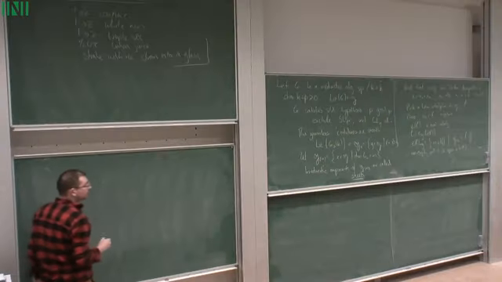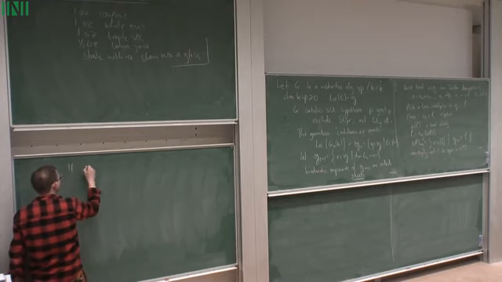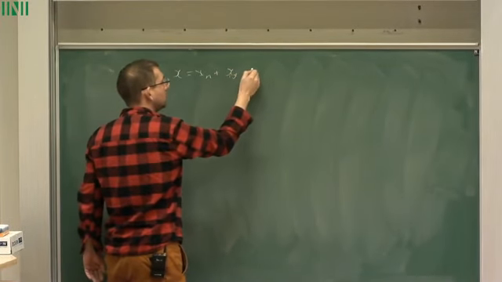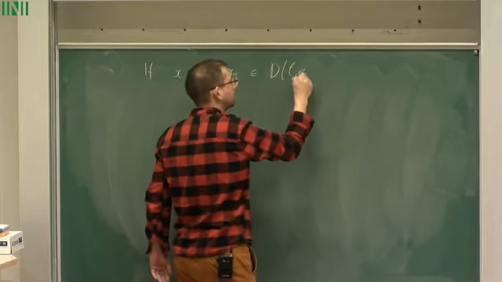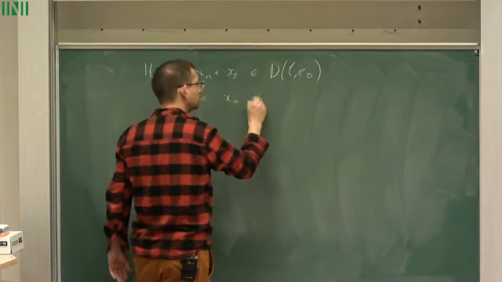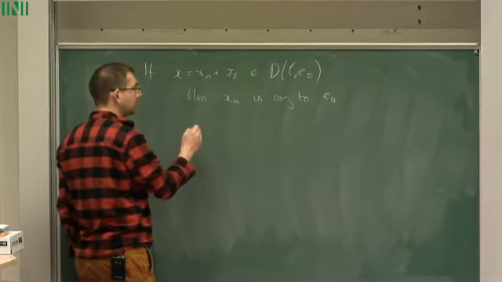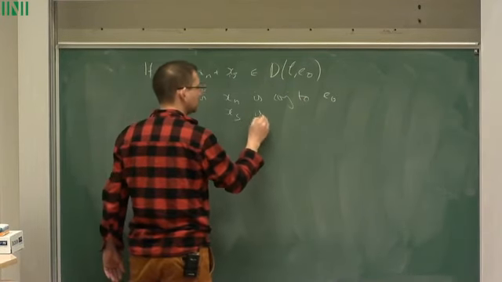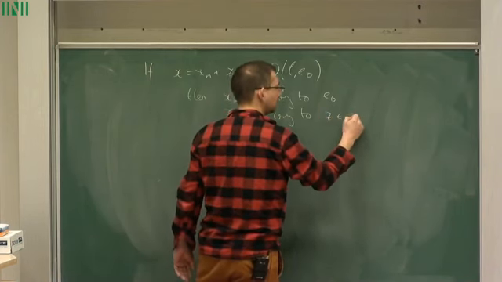So the first thing to observe is that if X, which we've written like this, is in a decomposition class, then Xn is conjugate to E0, because it's a nilpotent element, and the Xs is conjugate to something in the ZL reg.